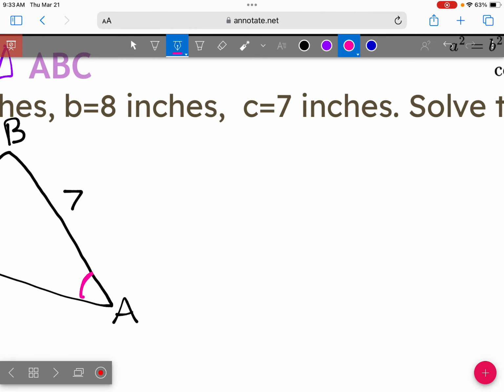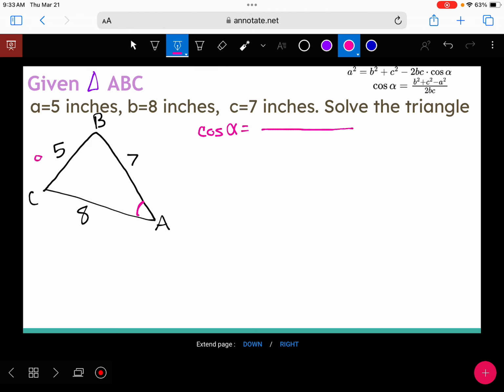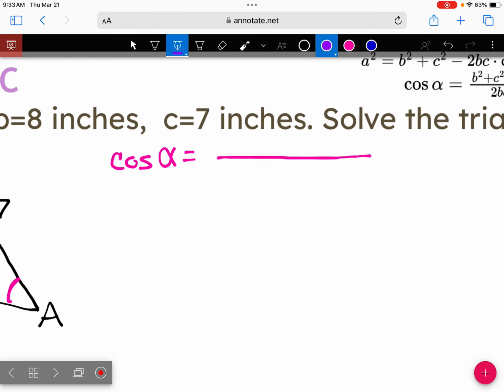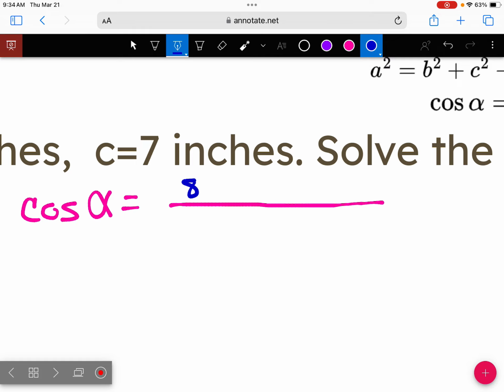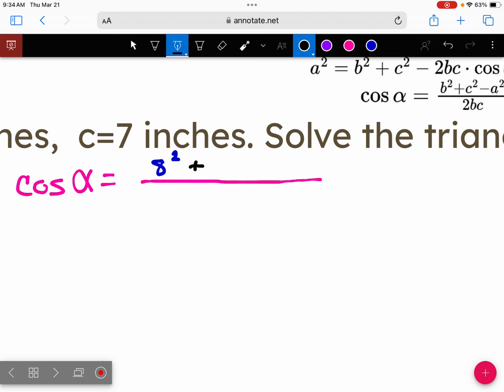So we're going to do our cosine of alpha equals, and we're going to set up our fraction. This is A, this one is B, and this one is C. So we're going to put our 8 squared plus our C squared, which is 7 squared, and we subtract our A side, our 5 squared.